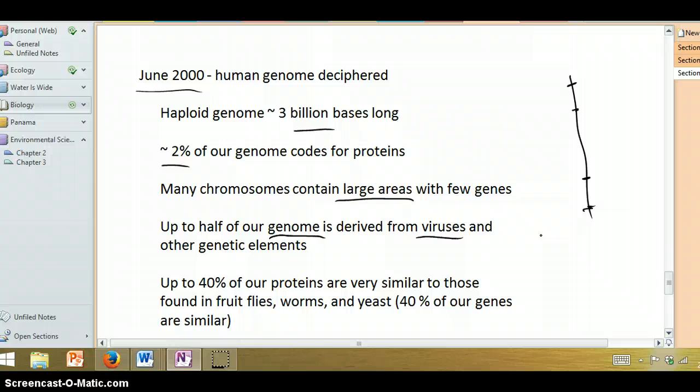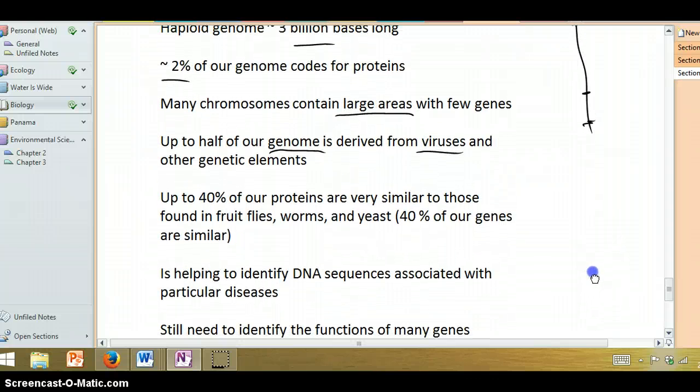Basically over evolutionary time, that virus DNA can become incorporated and become part of the genome of that host organism. If you have ever had chicken pox, maybe you guys haven't because of the vaccine, the chickenpox virus basically leaves its DNA inside of you, inside some of your cells, and it basically becomes a part of you.